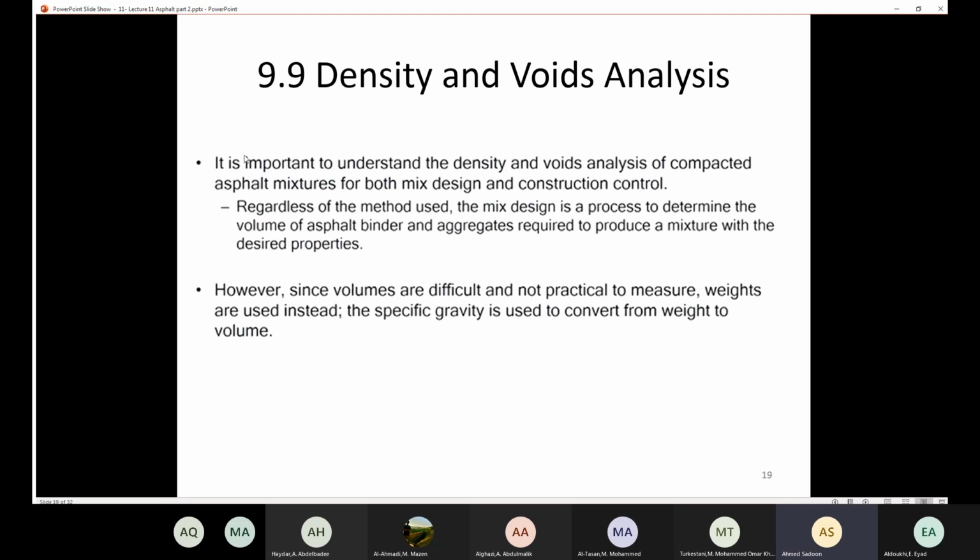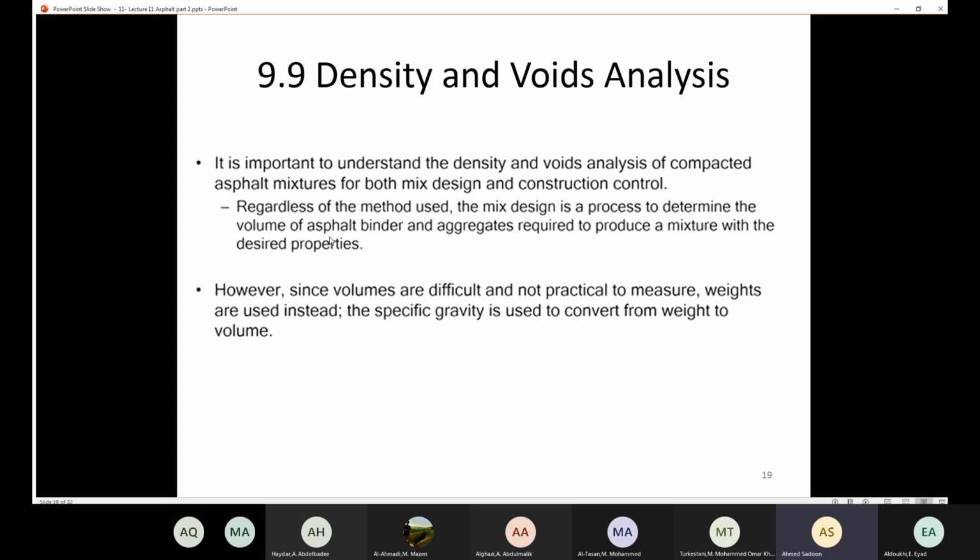So before we talk about how to produce asphalt concrete, it's important to talk about the density and the void analysis. It's important to understand the density and the void analysis of compacted asphalt mixtures for both mix design and construction control.